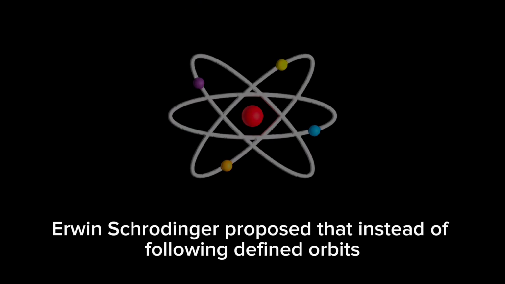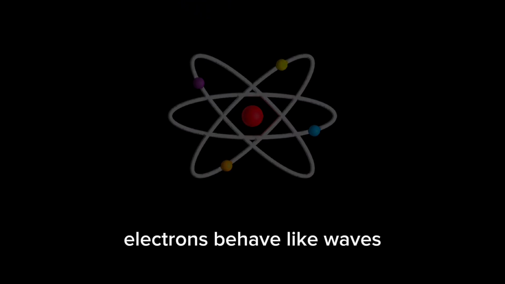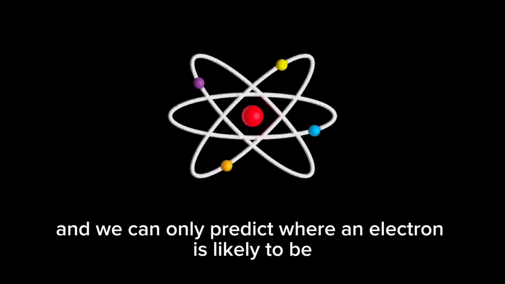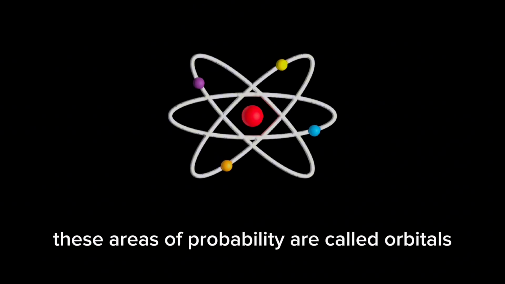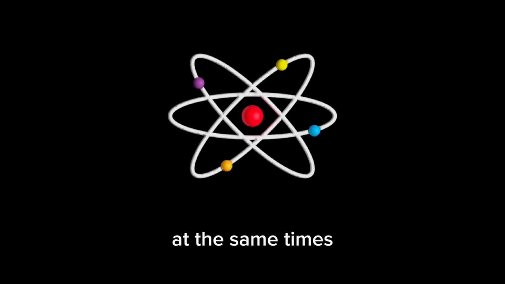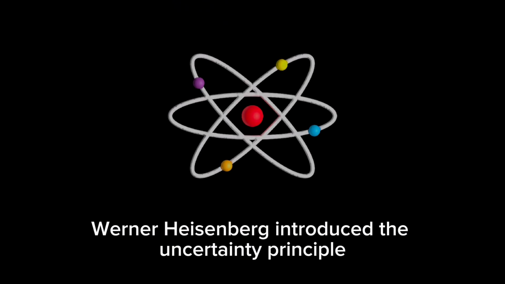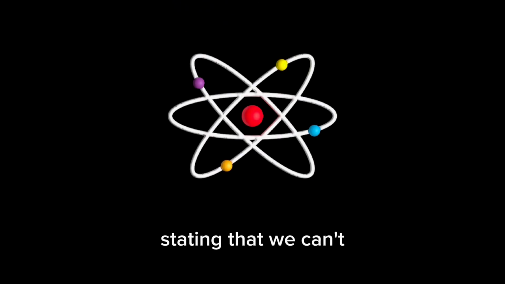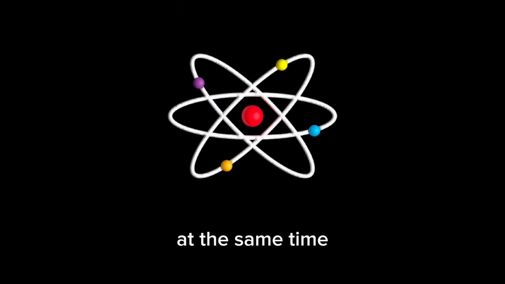Erwin Schrödinger proposed that instead of following defined orbits, electrons behave like waves, and we can only predict where an electron is likely to be. These areas of probability are called orbitals. At the same time, Werner Heisenberg introduced the uncertainty principle, stating that we can't know both the exact position and momentum of an electron at the same time.